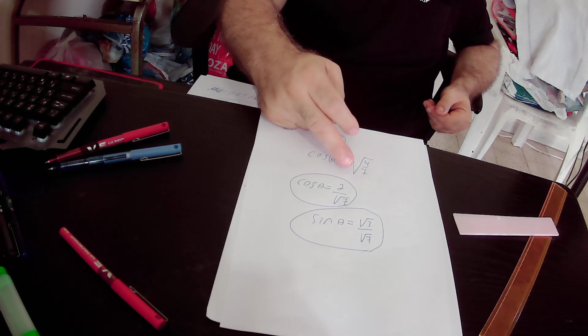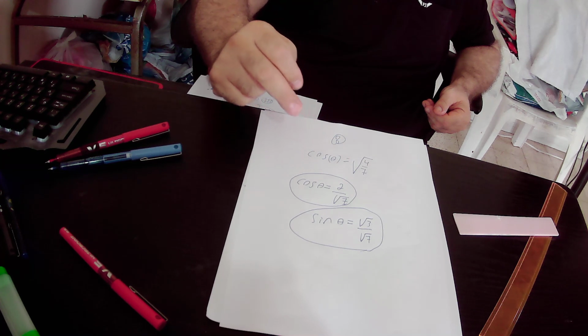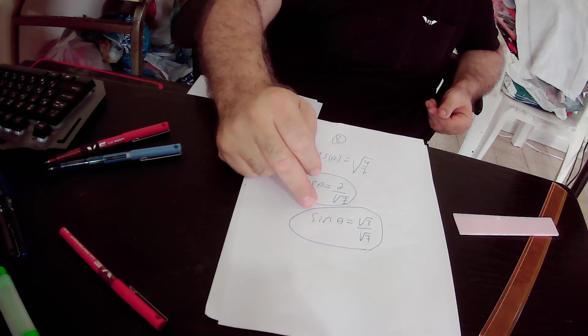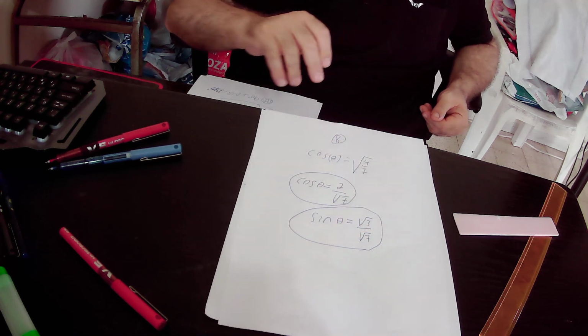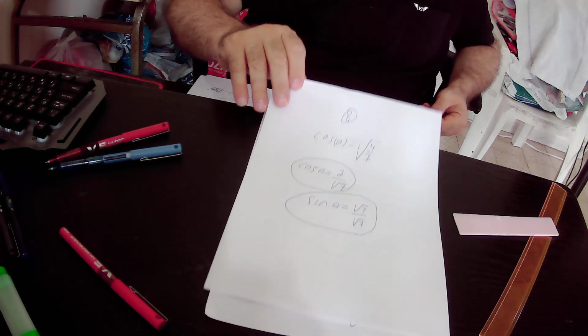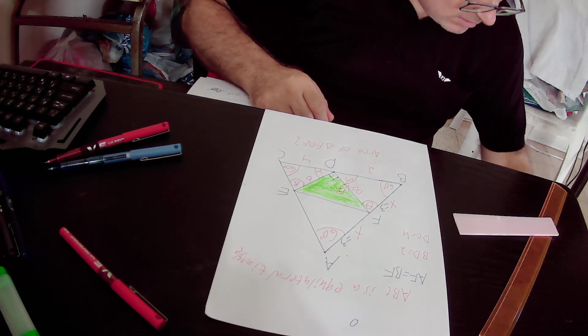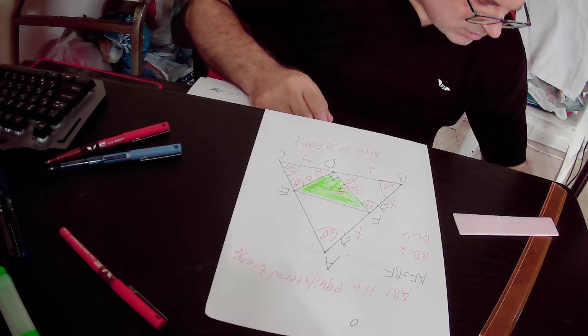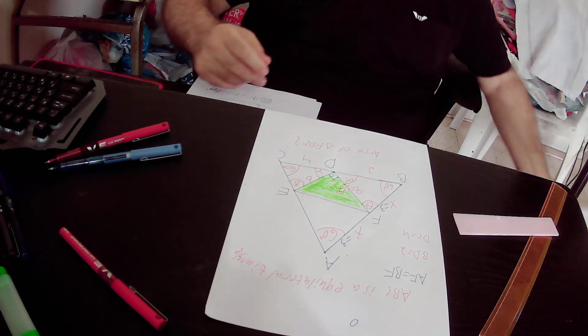The root of 4 is 2, so cosine theta equals 2 over root 7, and we have already found that sine theta equals root 3 over root 7. Then we created 4 equations.